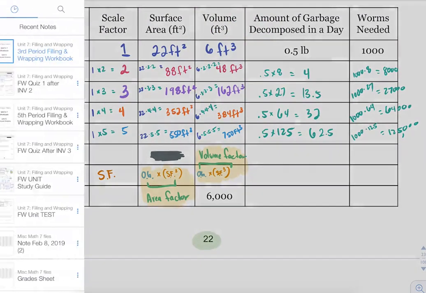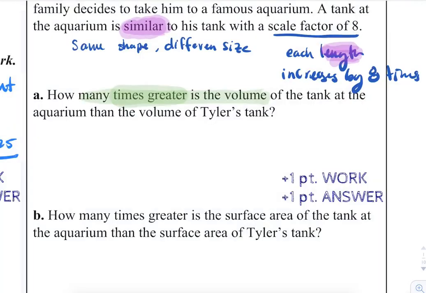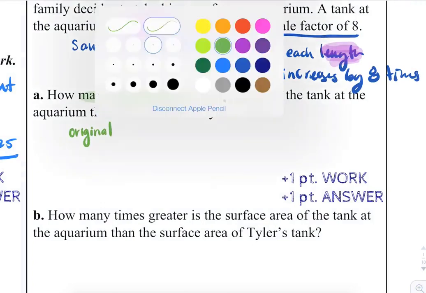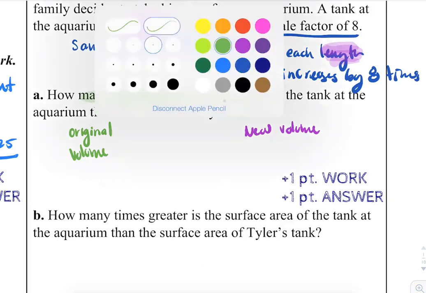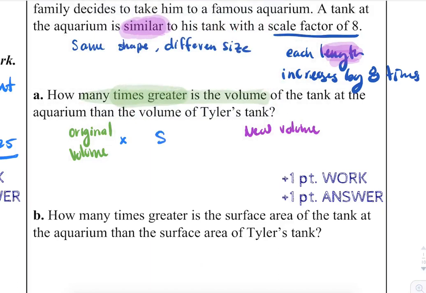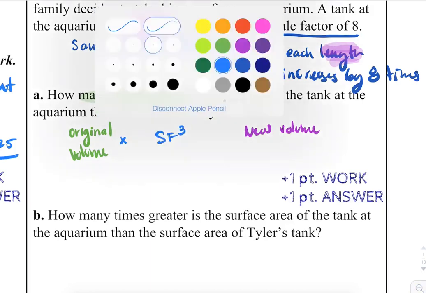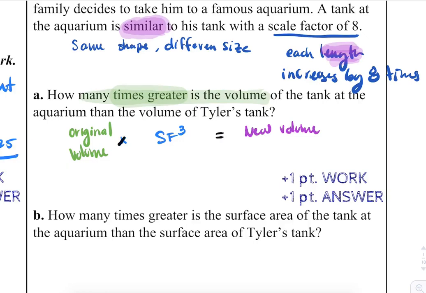So that means that in our quiz, if this is the original, and then we have the new size, this is the new volume, and this is our original volume, then we need to multiply by scale factor cubed. This is what I'm looking for because that is what the question is asking.